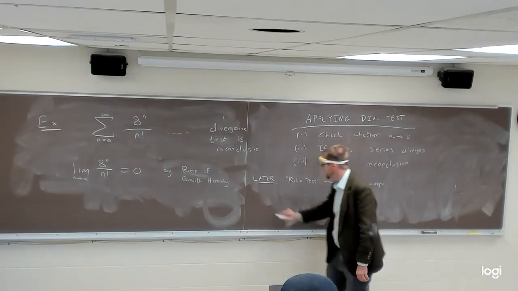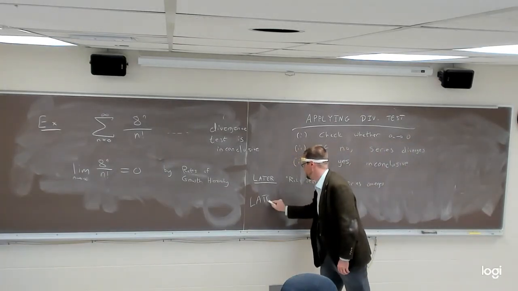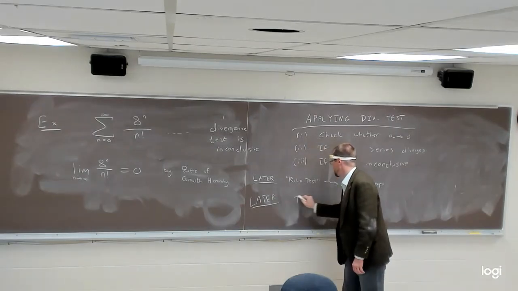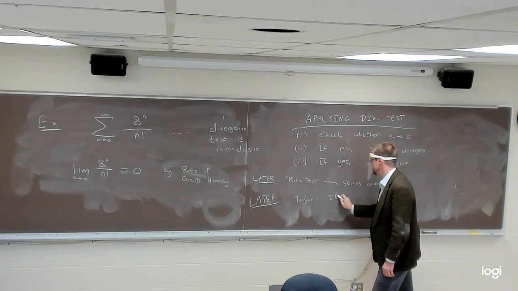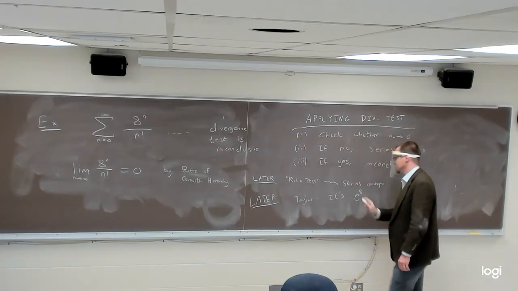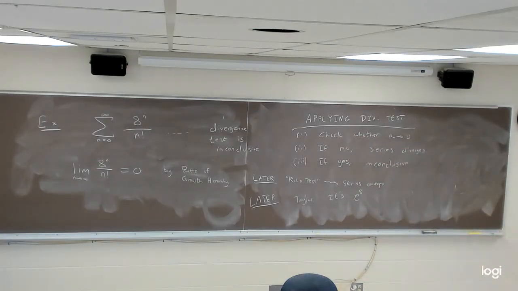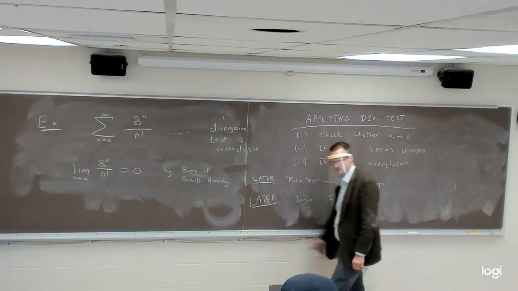And then later still, we'll be able to use Taylor's series to find the value. In fact, the value of that series is e to the 8th power. But we're not there yet. The divergence test tells us that maybe that series converges and maybe it doesn't. It doesn't tell us anything.